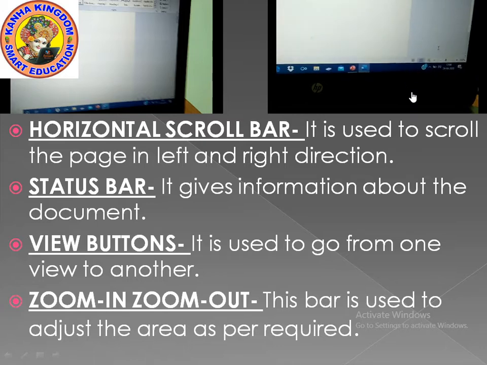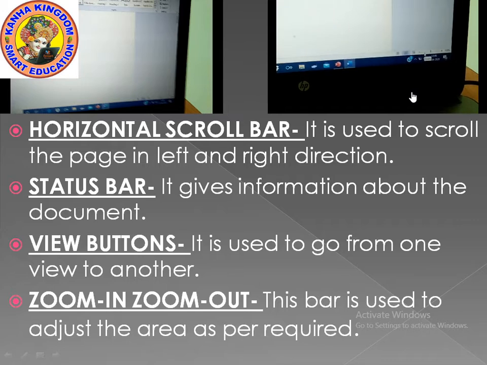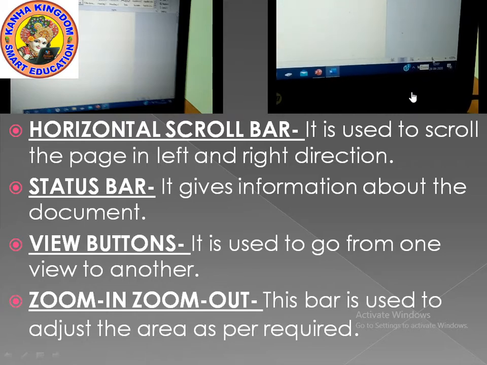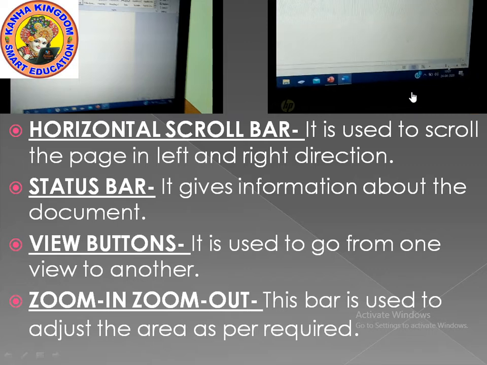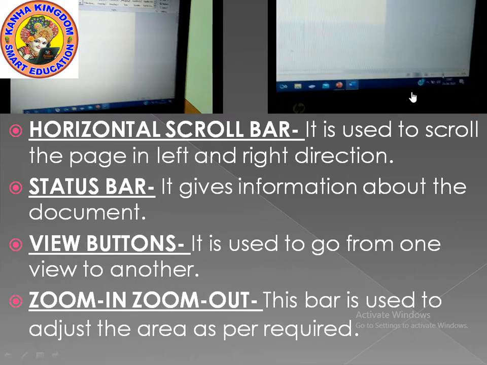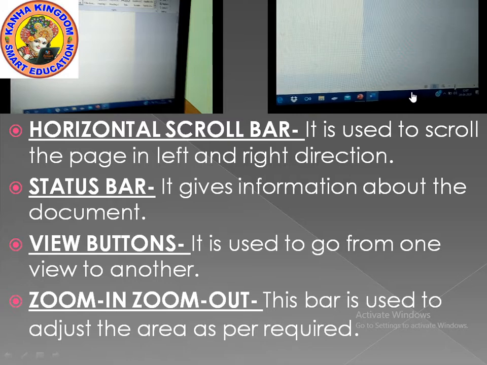And what is the zoom in, zoom out sliding bar? This is the zoom in and zoom out sliding bar. The plus one is zoom in and the minus sign is zoom out. If I move it towards the plus sign, the screen will get enlarged, and if I move it towards the minus sign, the screen will get smaller.